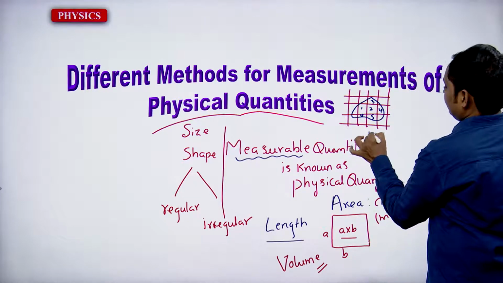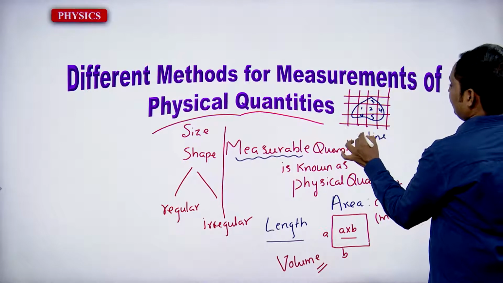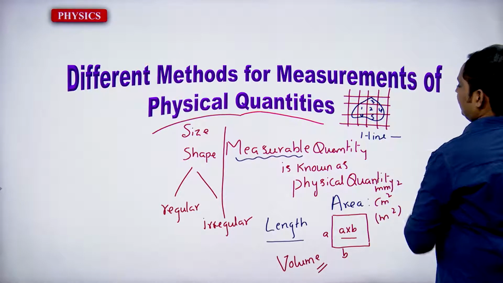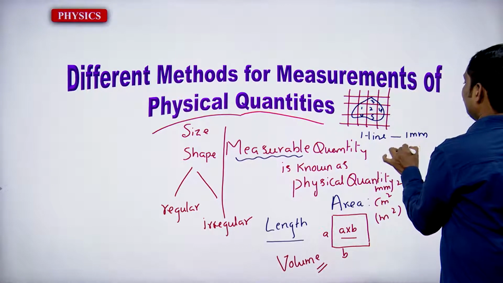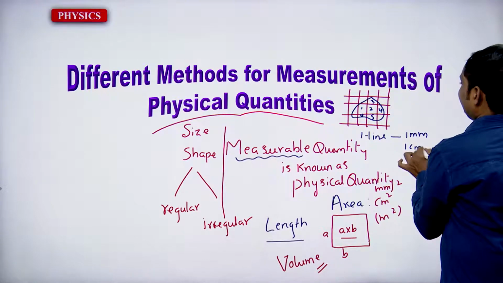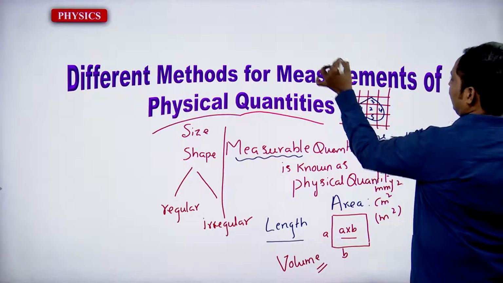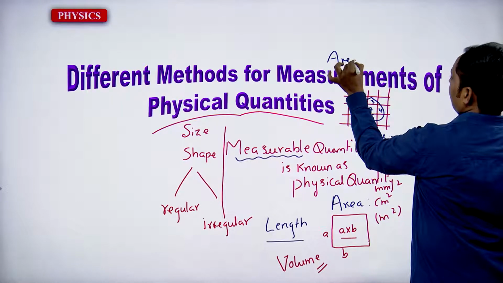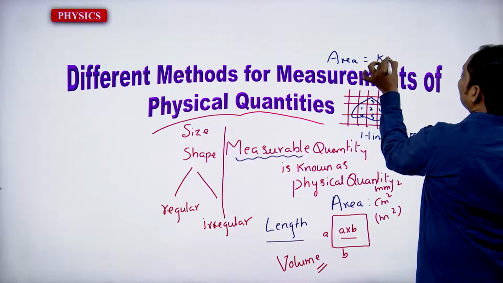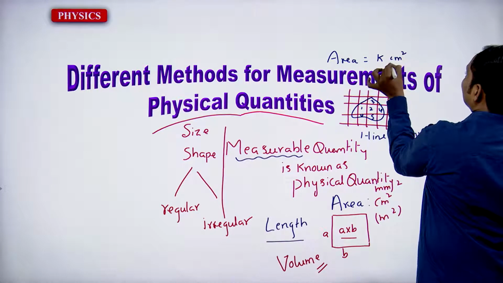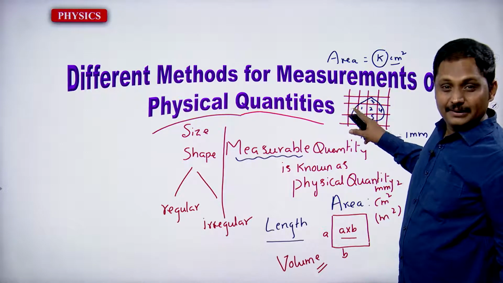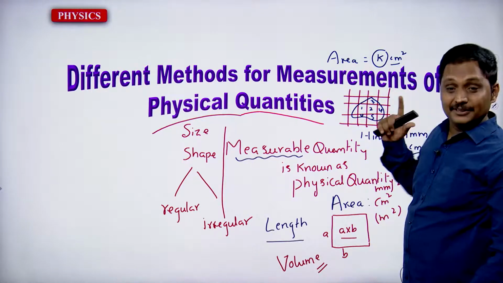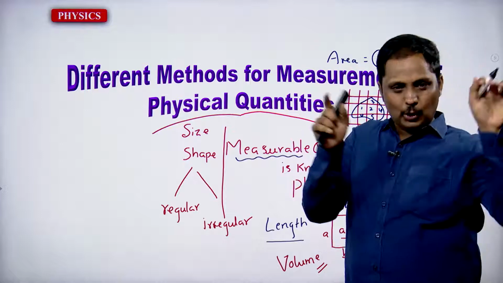One line can be taken as 1 mm or 1 centimeter. You find out the total number, and the area is equal to some k into centimeter square. What does that k indicate? It indicates how many boxes have been covered. This is one method, which we put on directly.